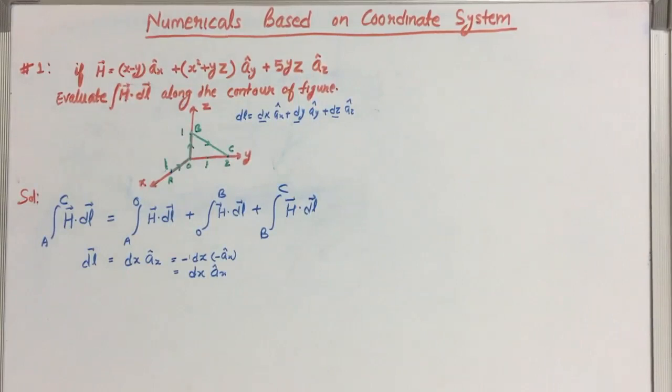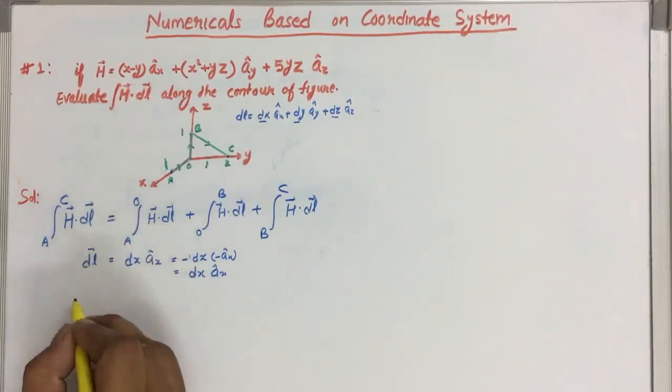Okay, so dl is dx ax and H is known to us.